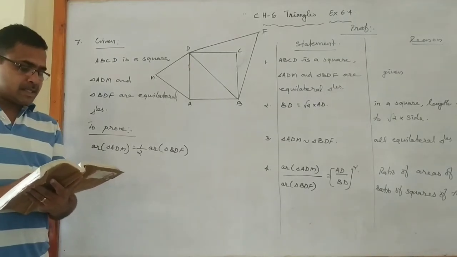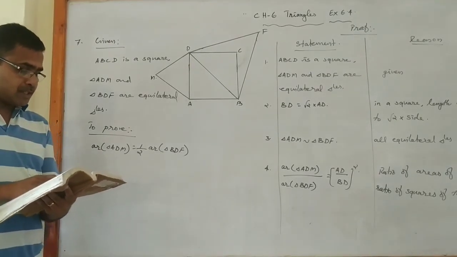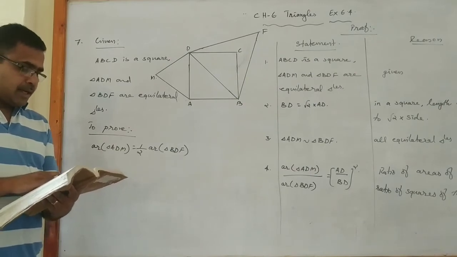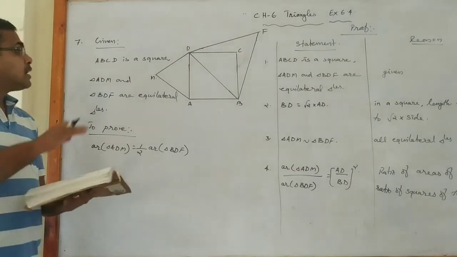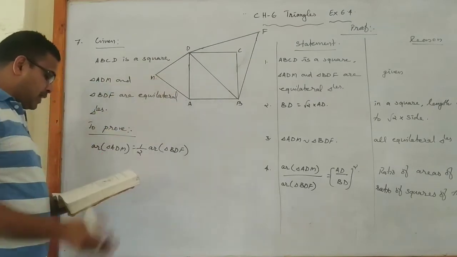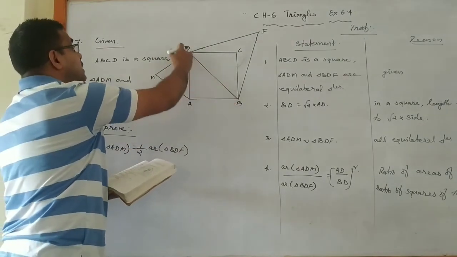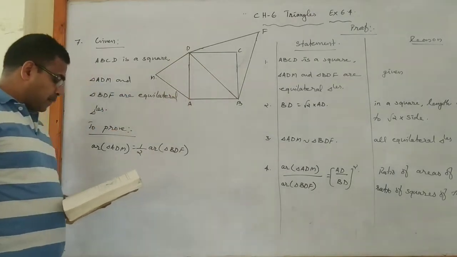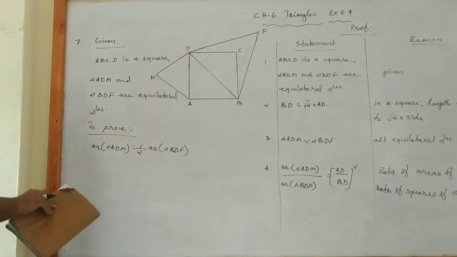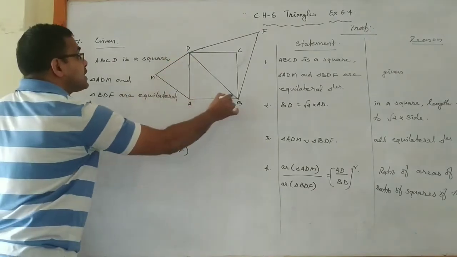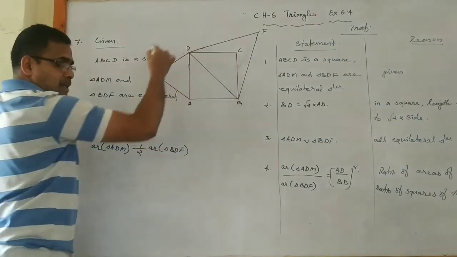Now see question number 7. This is also a very important question. What is the question? Prove that the area of an equilateral triangle described on one side of a square is equal to half the area of the equilateral triangle described on its diagonal. You listen. What are the given things? Here, ABCD is a square. It is given.